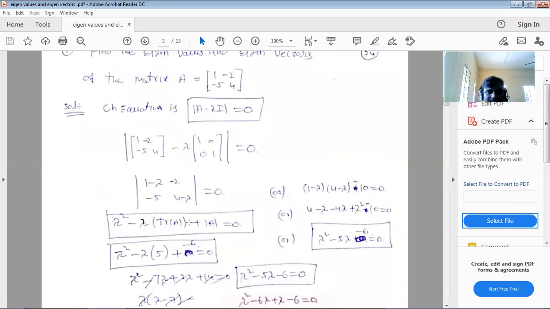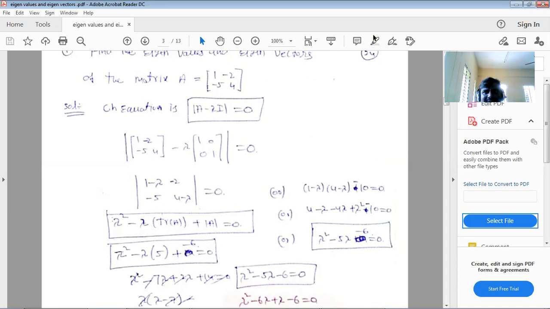Minus, what is the determinant of the matrix A? AD minus BC: 4 minus 10, which is minus 6, is equal to 0. You have to write this in a single step.